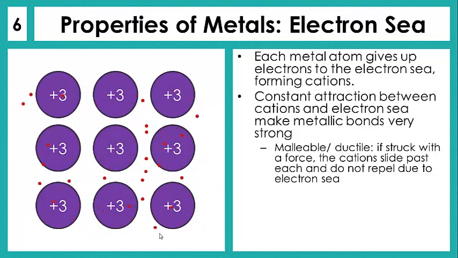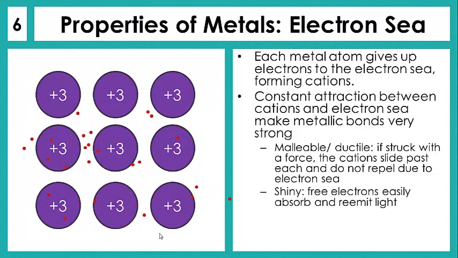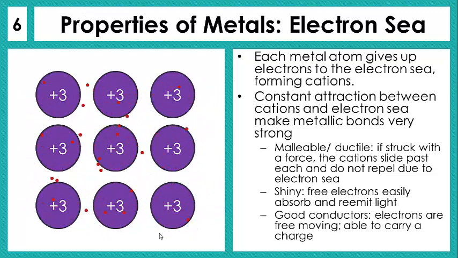So the electron sea allows this to be malleable. Metals are also shiny, and that's because these free moving electrons can easily absorb and re-emit light. And metals are good conductors because the electrons are already free moving. This means that they are able to carry a charge.